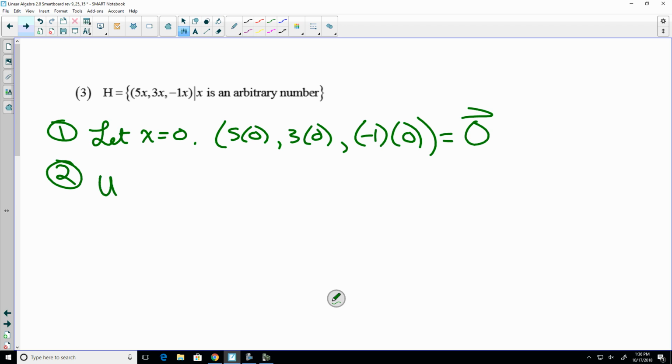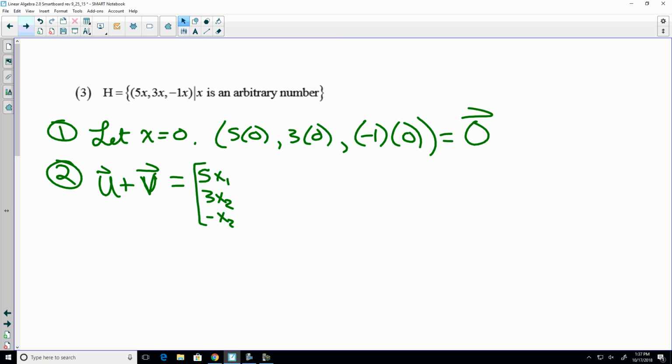Okay, we're going to add 2 vectors, u plus v. And I'll do them by columns instead of these. I hate these row vectors. Let's do columns. So u is, let's say, 5 times x1, 3 times x1, and negative x1. Sorry, I need to pick the same one every time.